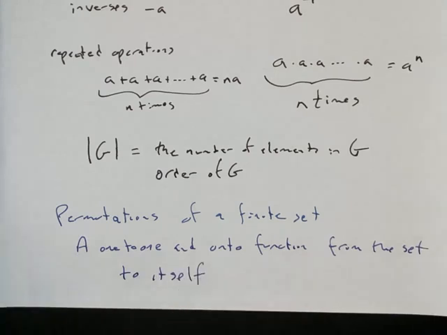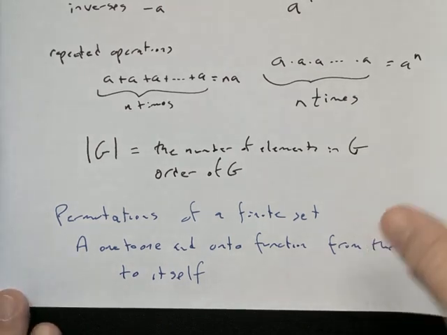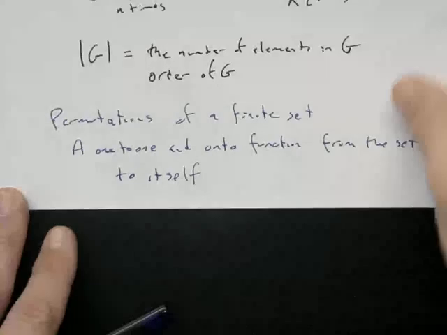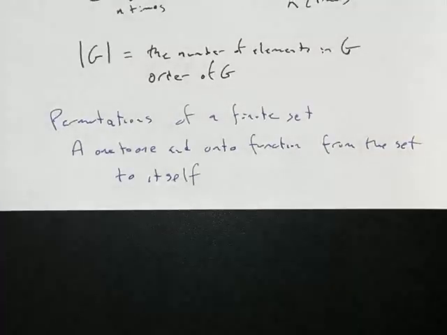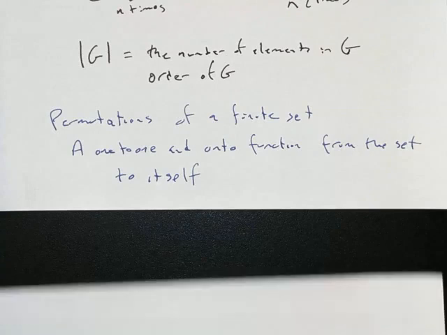Now, this is why I said it doesn't have to be a finite set, because any one-to-one and onto function in the reals is a permutation of R. Any one-to-one and onto function of the integers is a permutation of the integers. So here's a really easy example with an infinite set.